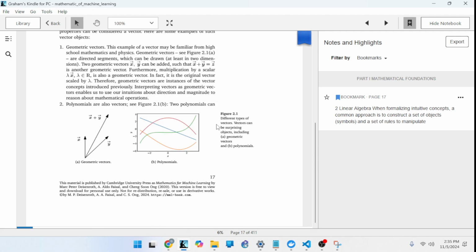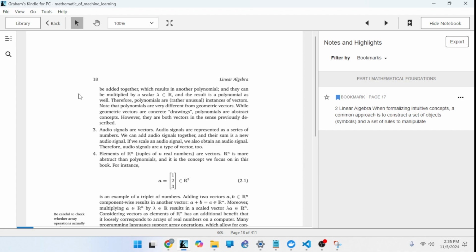So polynomials are also vectors. See figure 2.1.b. Two polynomials can be added together, which results in another polynomial, and they can be multiplied by a scalar, shown as such, and the result is a polynomial as well.